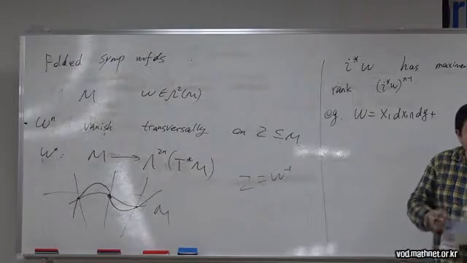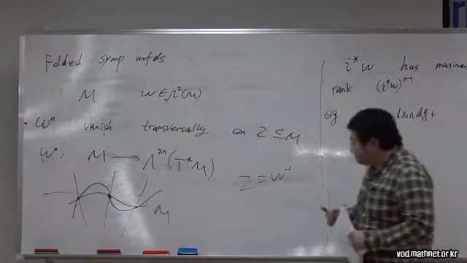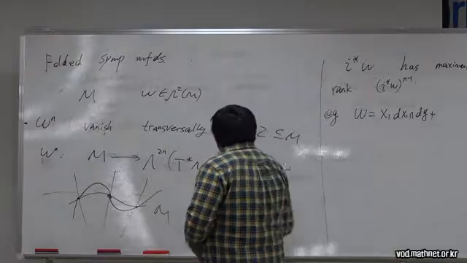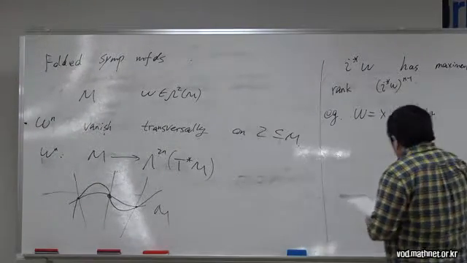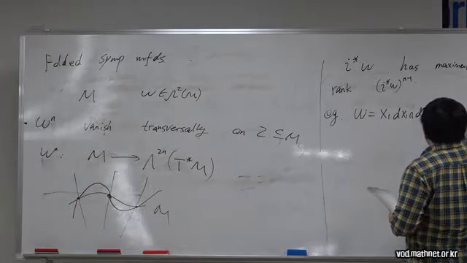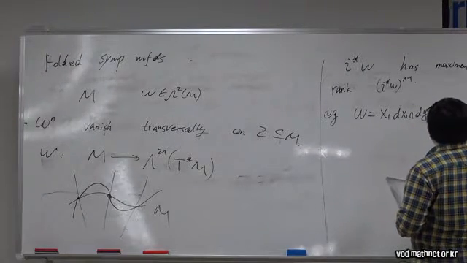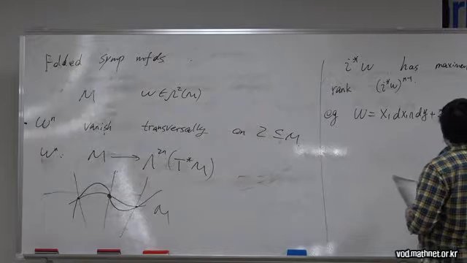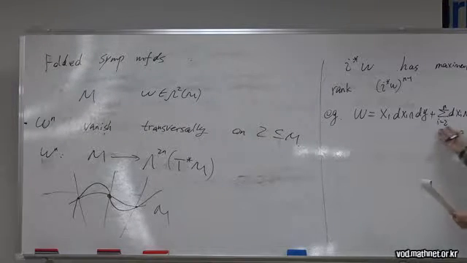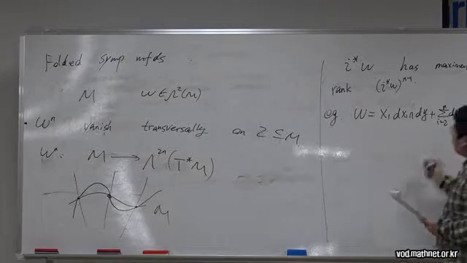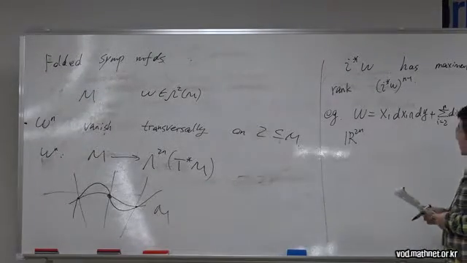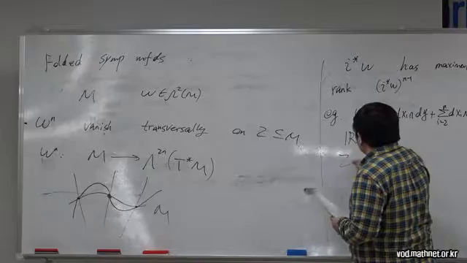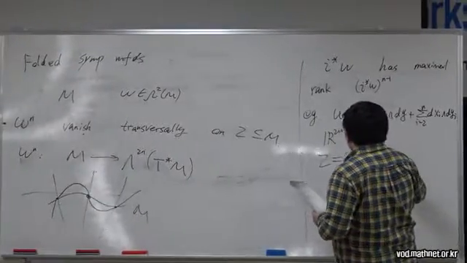This is very important. This is a folded symplectic form on R2n, and the fold is x1 equal to 0.